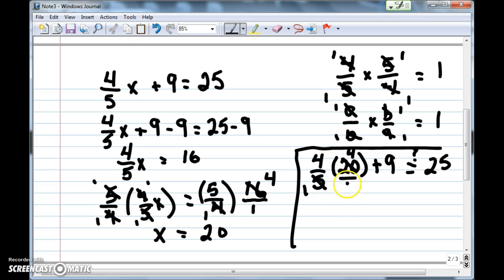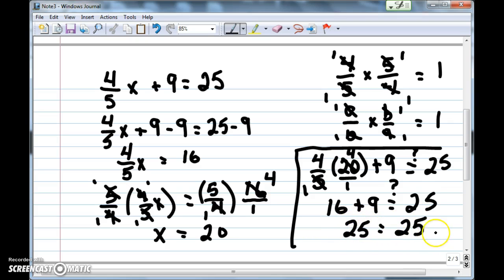Remember, 20 is the same as 20 over 1. 4 times 4 is 16, plus 9. Does that equal 25? If it does, we have the right answer, and 25 is equal to 25. So we know we have it correct. So when you're multiplying by fractions, the key thing to remember is this idea of the reciprocal. And most importantly is a over b times b over a is always 1.